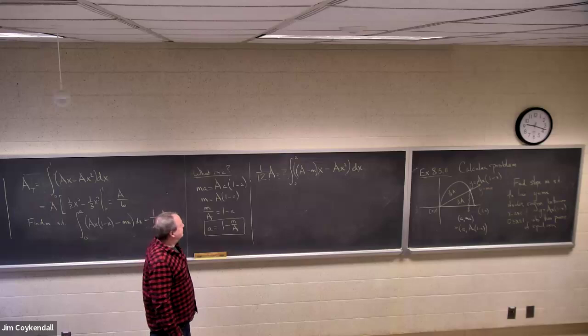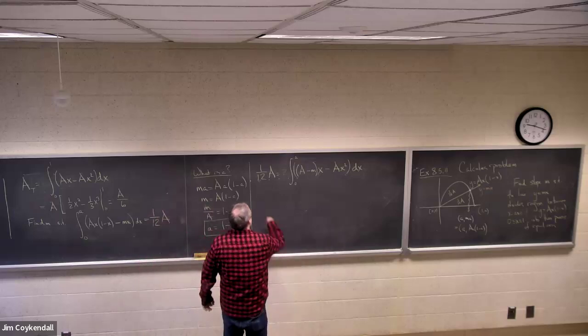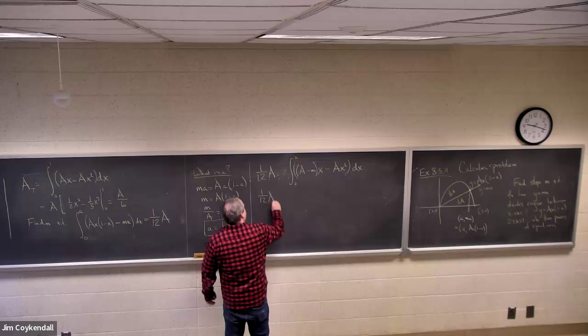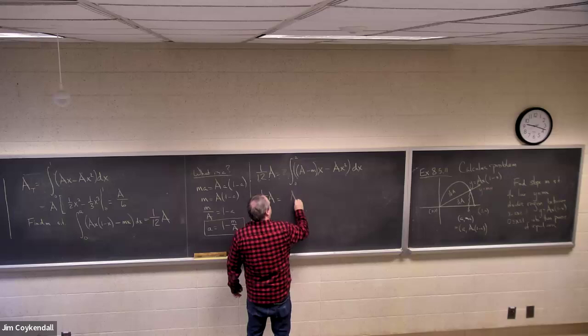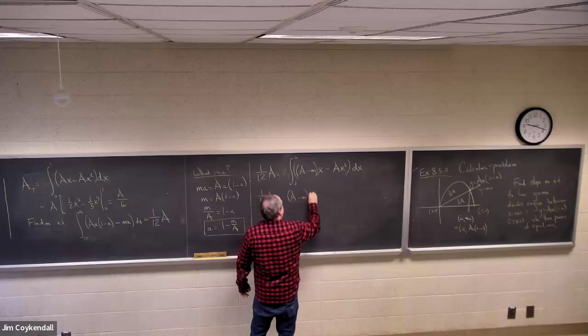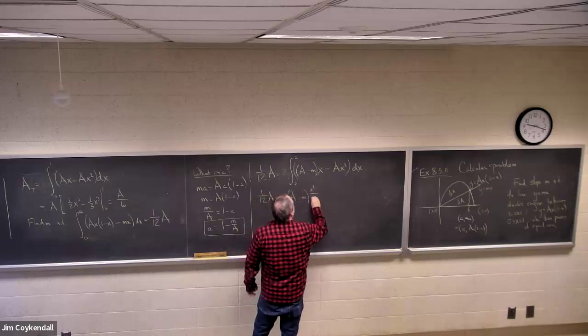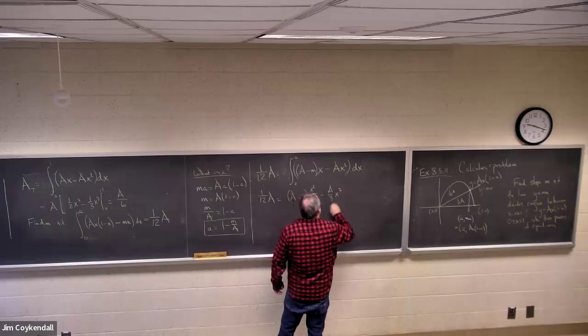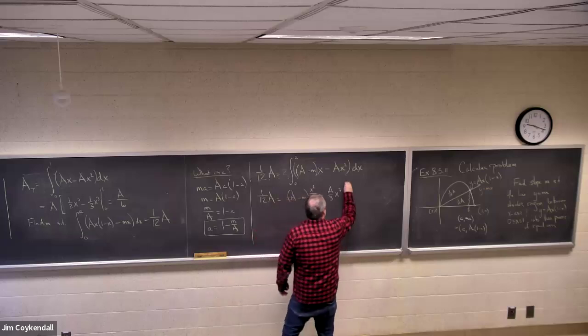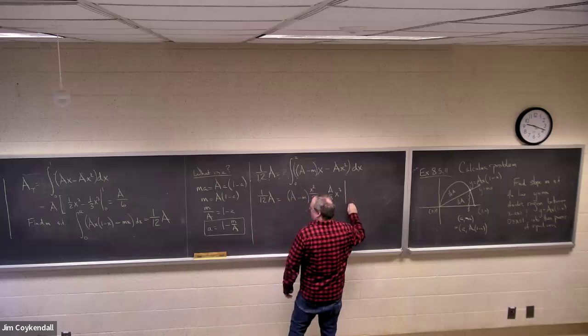Cool so far? Yeah, you better watch this stuff. So it's A minus M times X squared over 2 minus A over 3 X cubed, from 0 to little a.